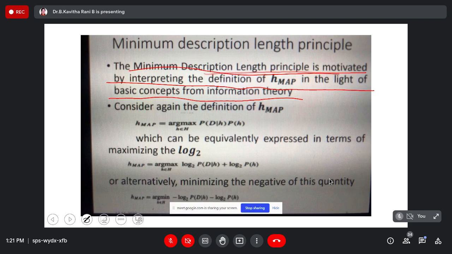So that is done by HMAP here. If you take, we have 2 to 3 hypotheses, but one will be the maximum hypothesis here. So that is done by using HMAP.